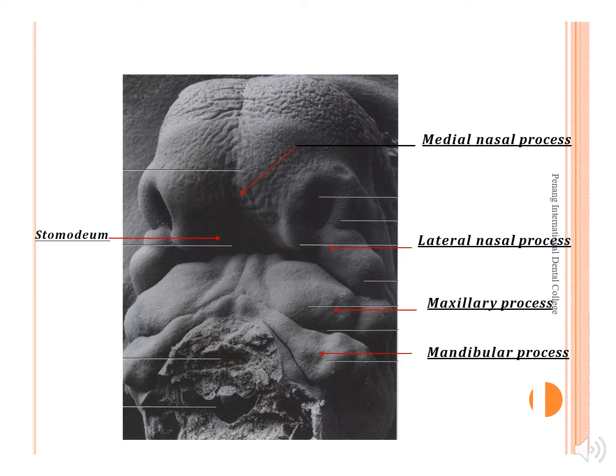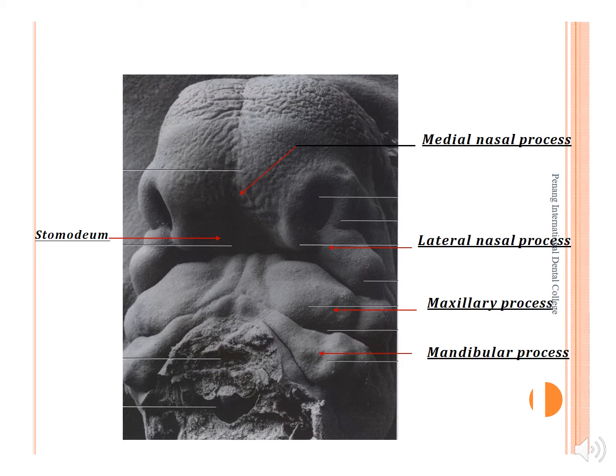The mandibular arch gives off a bud from its dorsal end called the maxillary process. The maxillary process grows ventromediocranial to the main part of the mandibular arch that is now called the mandibular process.